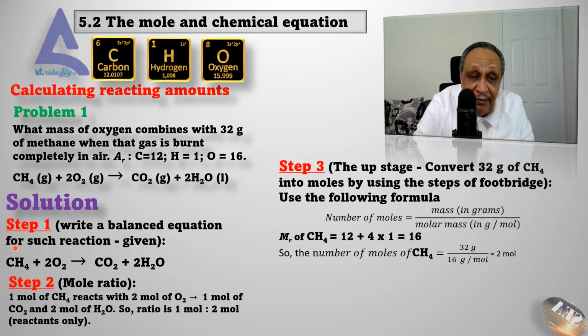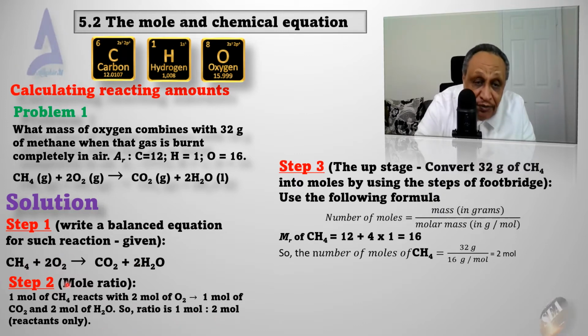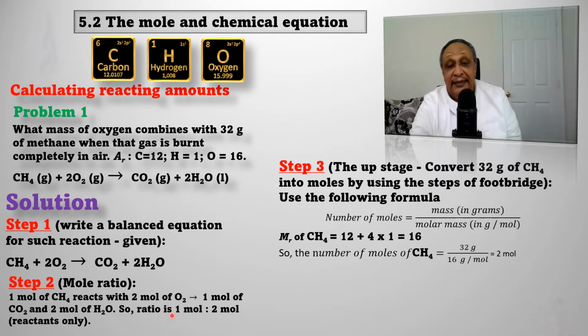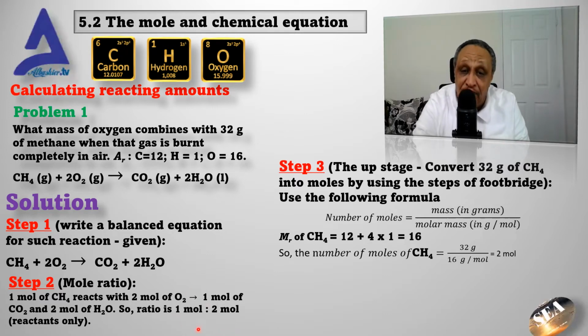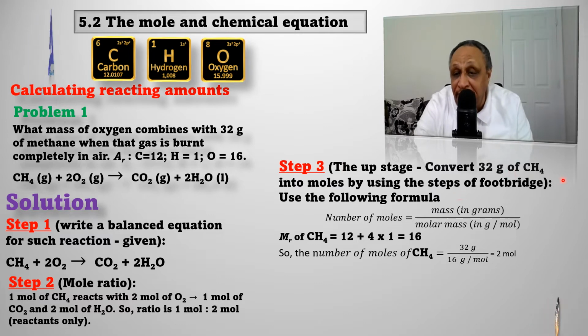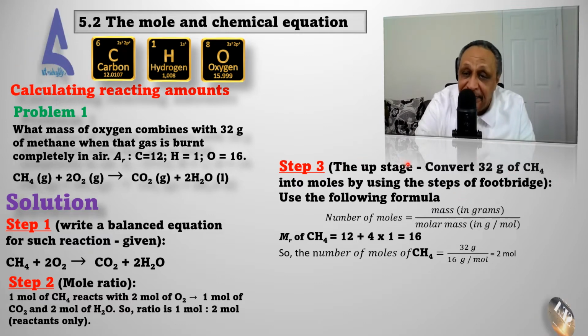So 1 mole of methane, this is 1 mole, with 2 moles of oxygen, and that's it. This is what I want. Now I'm going to use the footbridge. So here is the upstage.